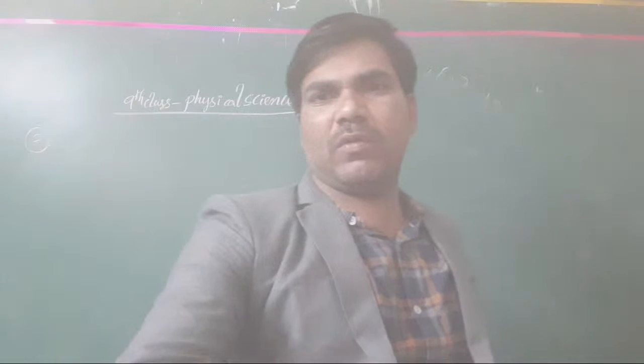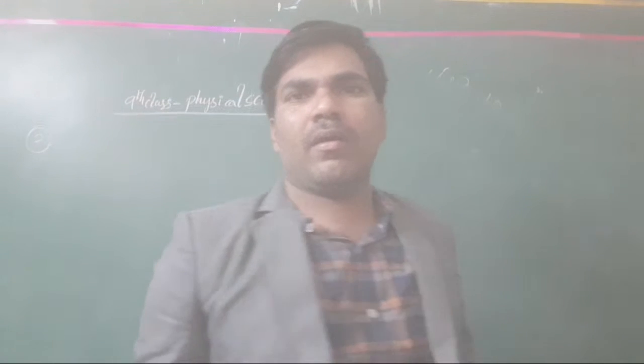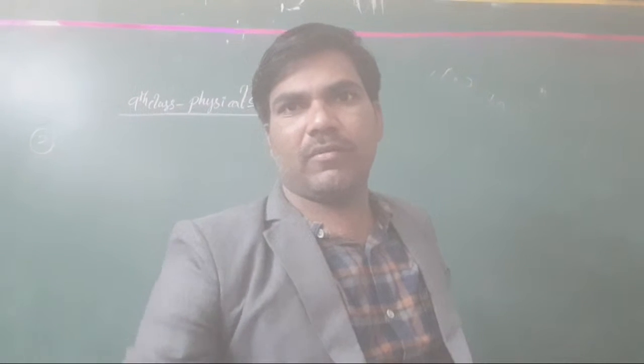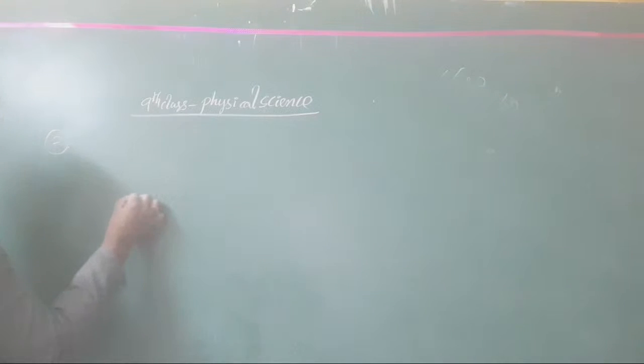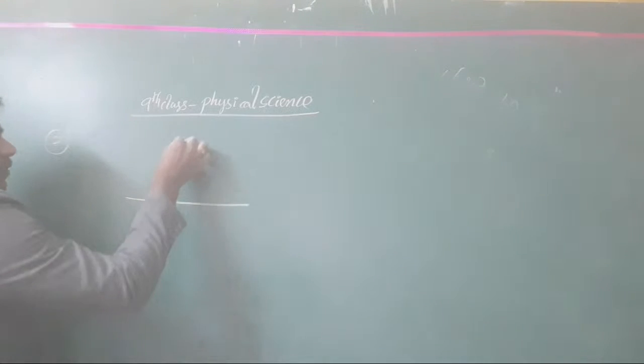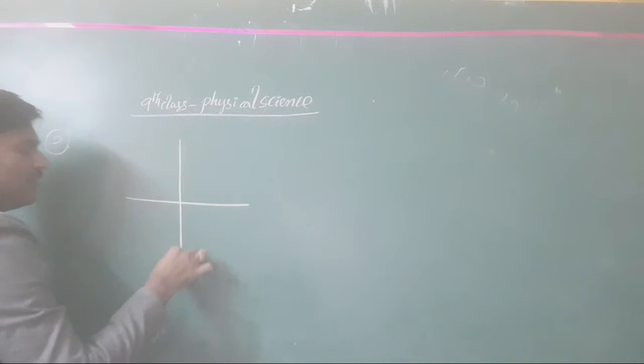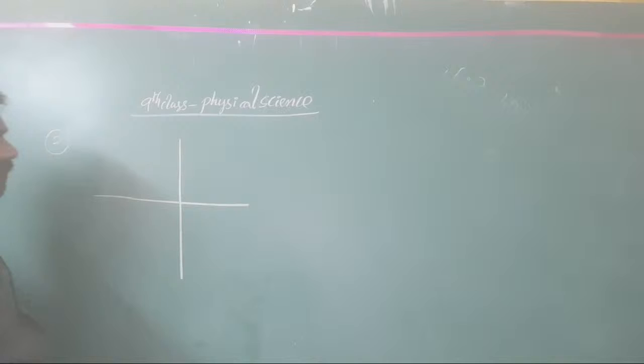Any of the students, please give the answer to me. At what cases is our light ray not refracted or not deviated at the interface? Here N1 is equal to N2.